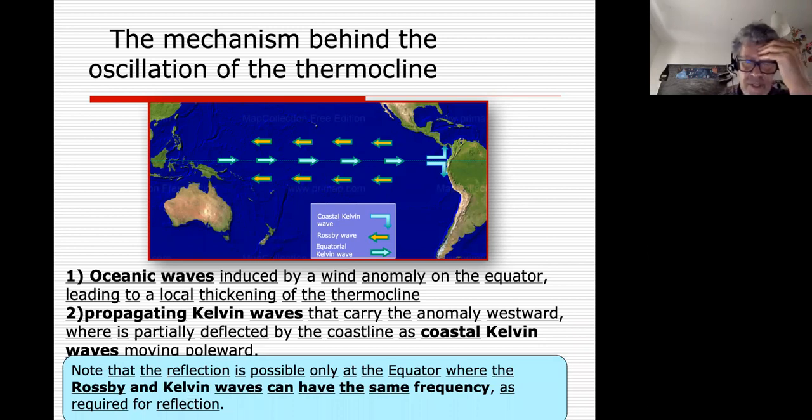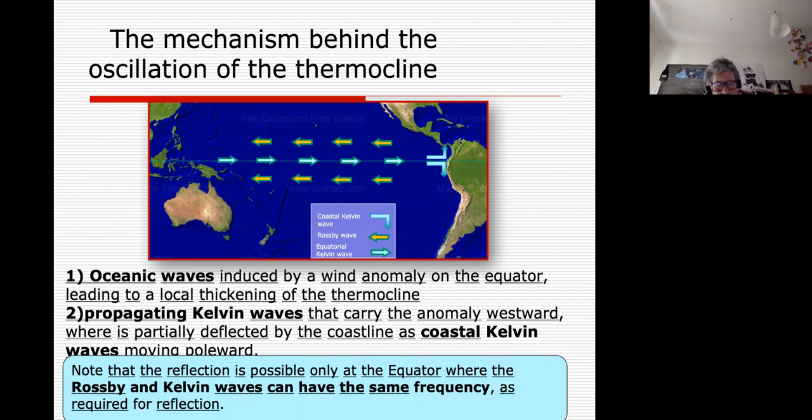What is important to note is the fact that this process can take place only at the equator. So there are many peculiarities that explain the fact that El Niño and La Niña take place only at the equator.